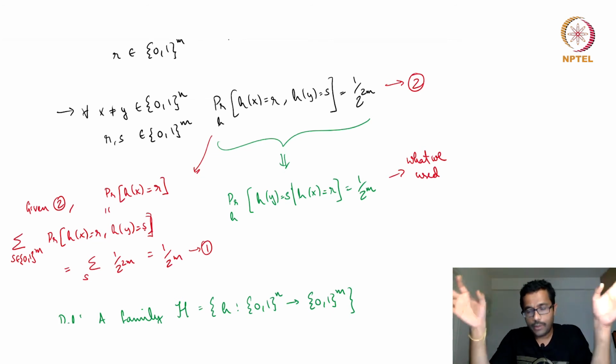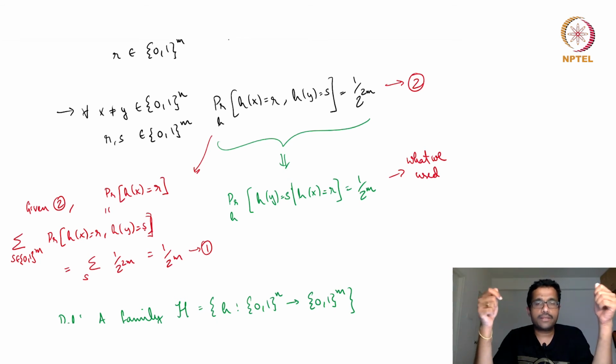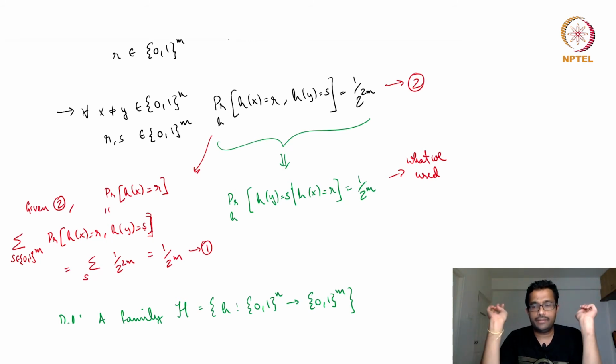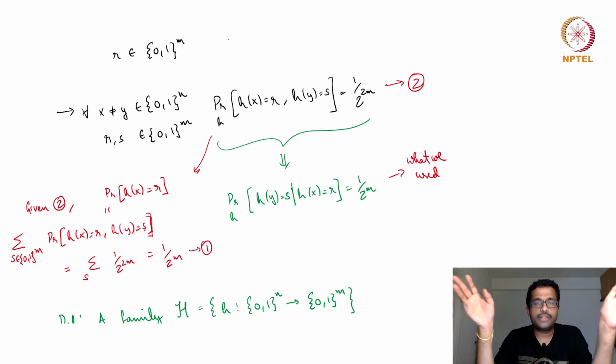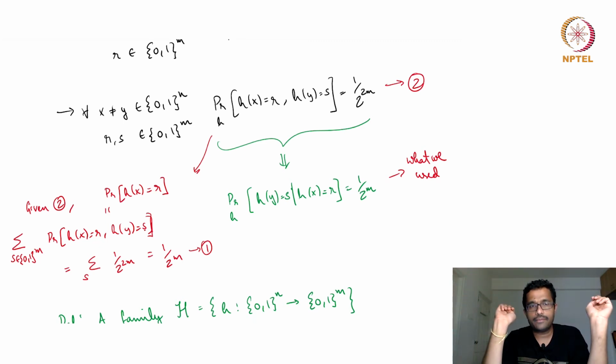Pairwise independence means h should be chosen in such a way that the images of two different x and y should be independent. It may not happen that for 3 different x, y and z the images are independent. It is enough that 2 are independent, and that is good enough for us.